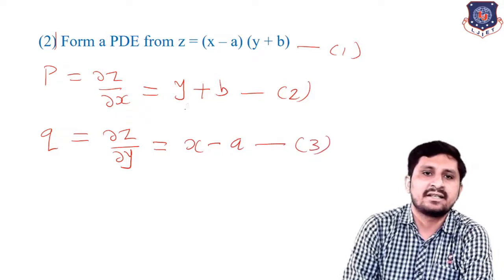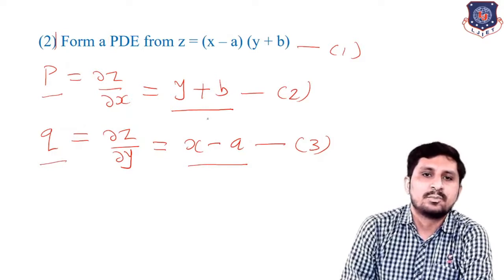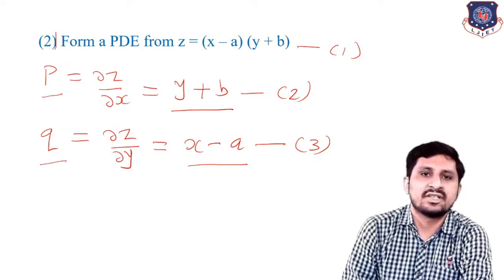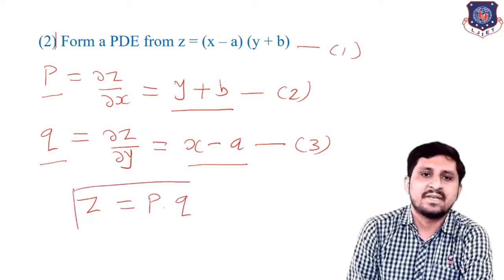Now you can understand that instead of Y plus B, we can write P, and instead of X minus A, we can write Q. So put these two values from equation number 2 and 3 in equation number 1. So we will get Z is equal to P into Q. But in examination you have to write all the sentences.